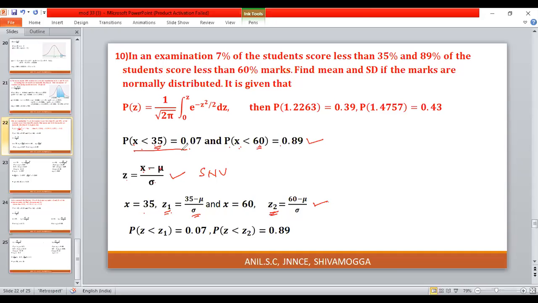Therefore, writing the statement P when x less than 35 is equal to 0.07 is the same as writing P when Z less than Z1 is equal to 0.07, because when x is equal to 35, Z is equal to Z1. Similarly, writing P when x less than 60 is the same as writing P when Z less than Z2, because when x is equal to 60, Z is equal to Z2.